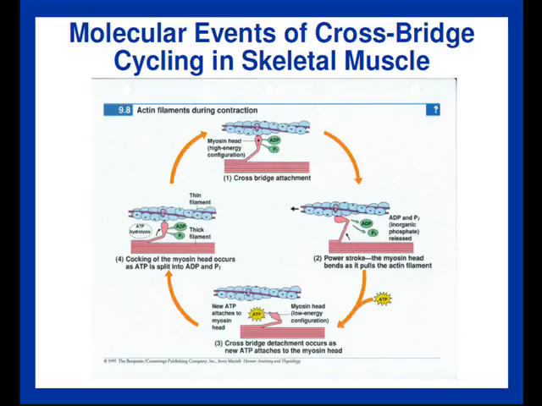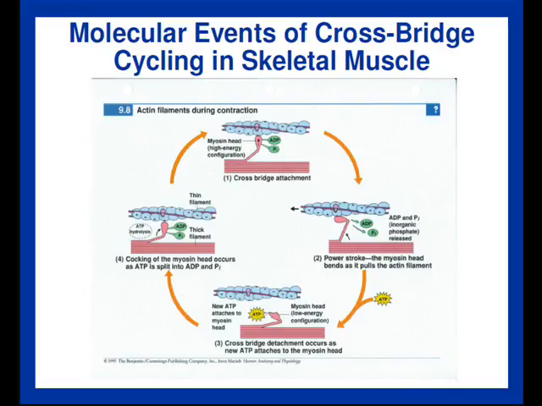Stiff. Muscles are contracted. Why are they contracted? Because your body is not producing ATP, so you can't detach the myosin heads from the actin. Makes sense, right? They always stay attached. That's what rigor mortis is. So in the cross-bridge cycle, we have cross-bridge detachment, and we get hydrolysis of the ATP again into ADP and inorganic phosphate, and then the process continues.